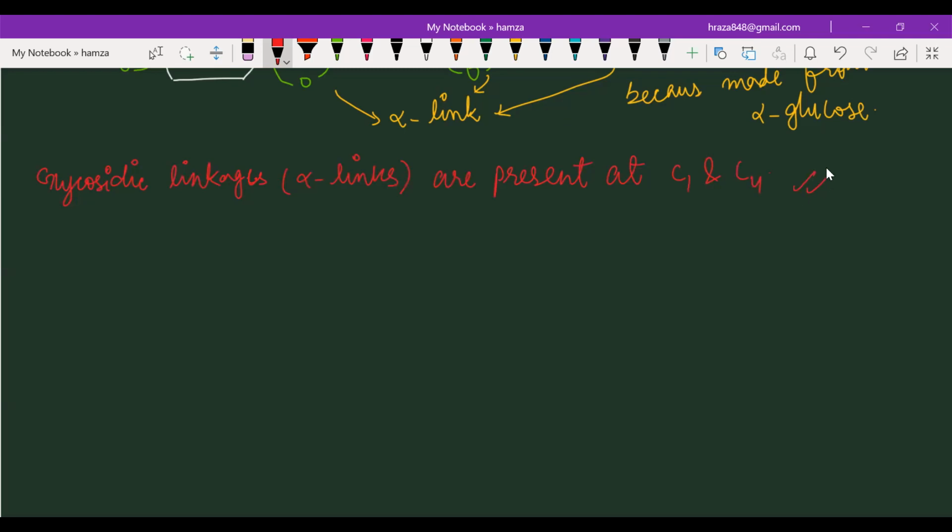Please write it. Then we are going to discuss amylopectin, and in the next class vitamins and all. It will be completed soon.